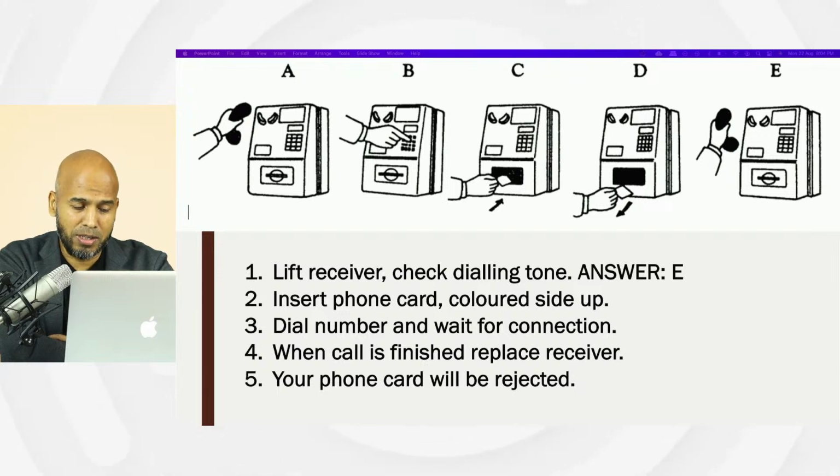On the other hand, D shows that someone is taking away the phone card. So if you consider number 2, insert phone card, whether the color is side up or down, we don't understand the color, but what do you think?